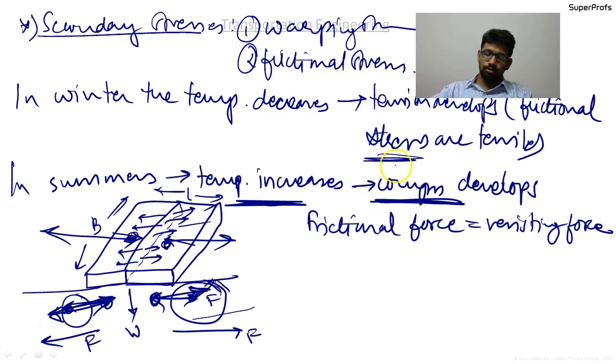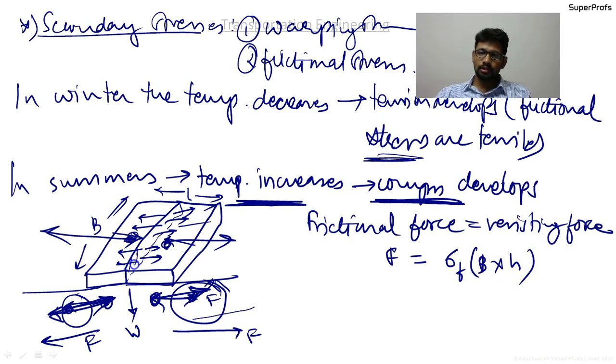Let us say the frictional force is F, and the resisting force will be equal to the stress carrying capacity, the allowable stress, into the area of cross section. This area of cross section is B into small h, where B is this width and h is the height of this slab.